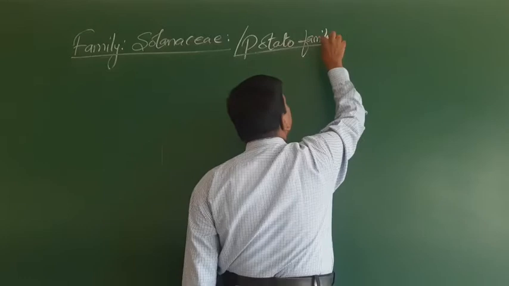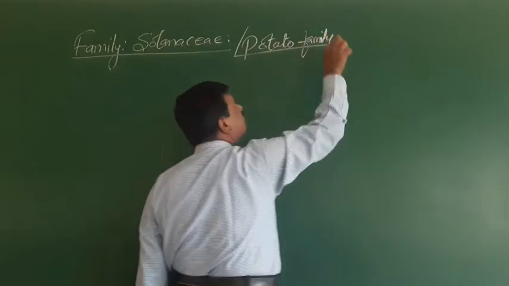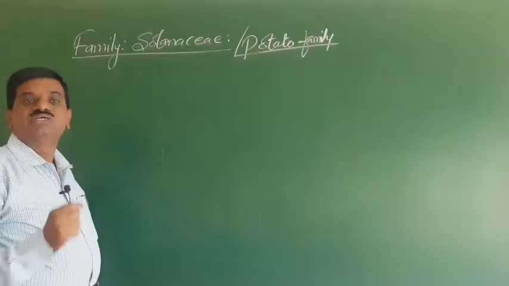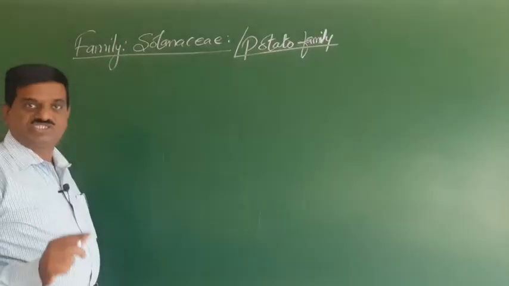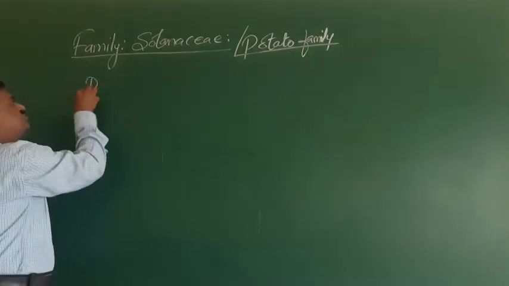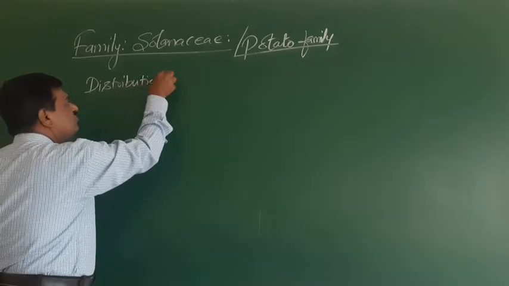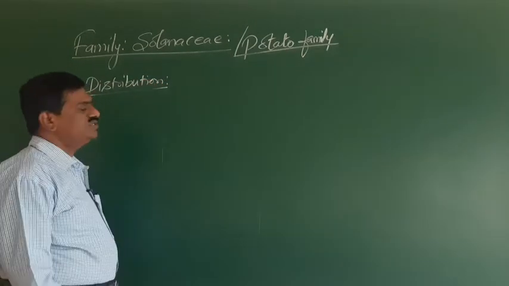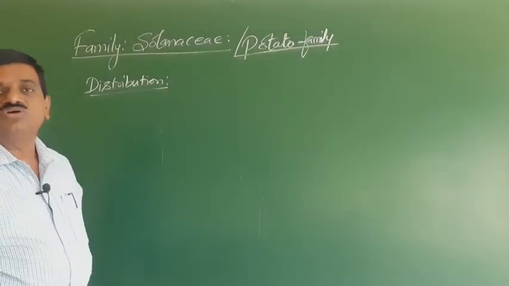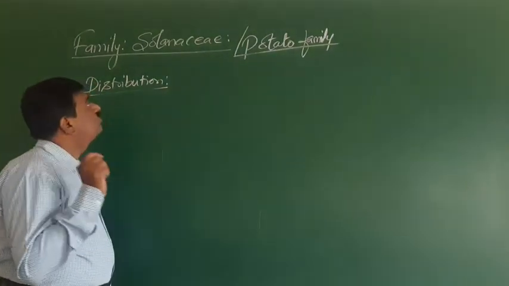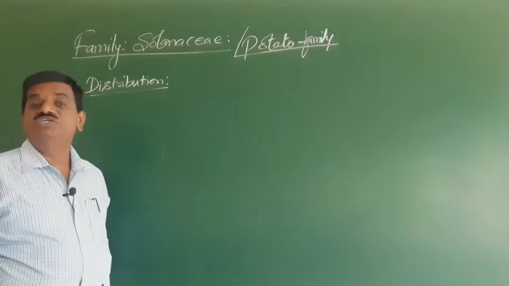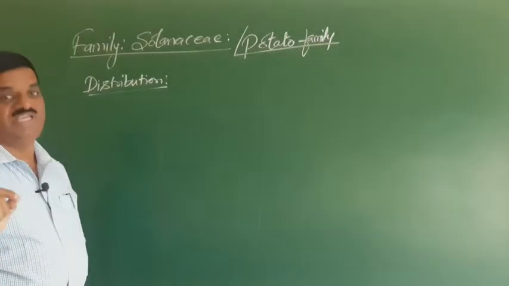So keeping in mind the potato plant, we are writing the characters. The first one is distribution. Solanaceae is distributed in all places.